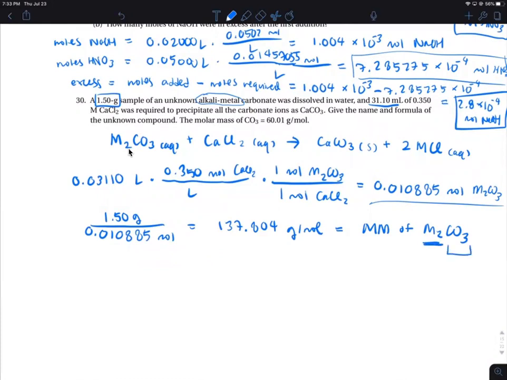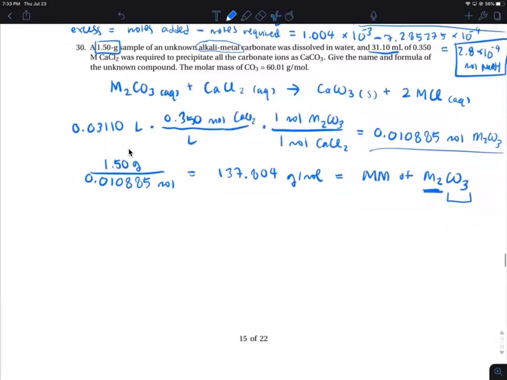And we can go ahead and isolate the mass of M2 because we already know the mass of CO3, right? So from this total, we subtract the mass of CO3, and we're left with the mass of M2. 137.804 minus the molar mass of CO3, which is around 60.01, and we get 77.79 grams per mole.